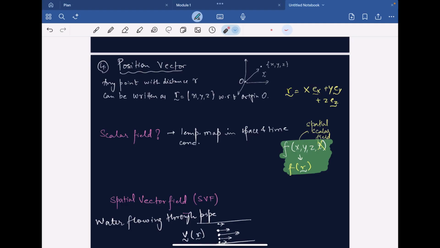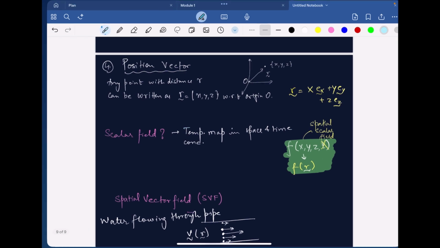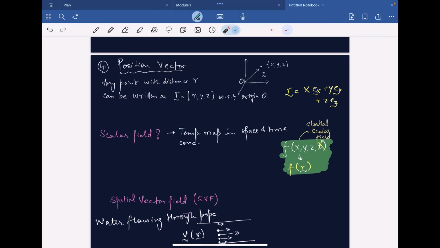Apart from position vectors, you have the scalar field. One example is a temperature map in the system, heat transfer through a slab or diffusion through a liquid medium. They all have this profile, right? So that temperature profile is a scalar field, meaning a scalar quantity like temperature or concentration varying in space.